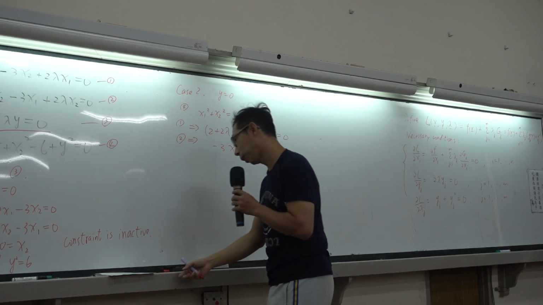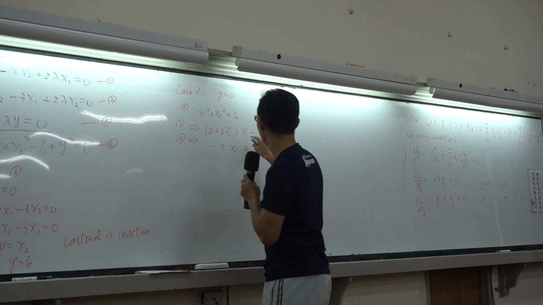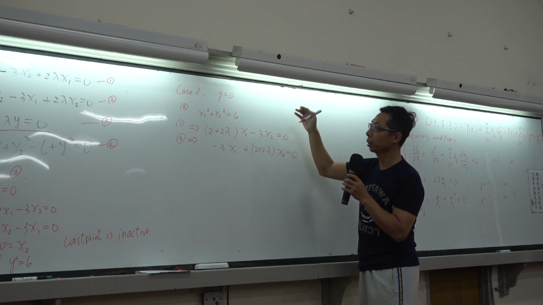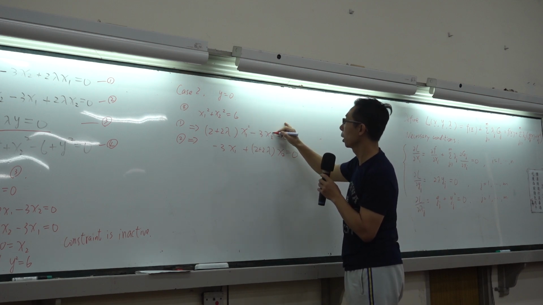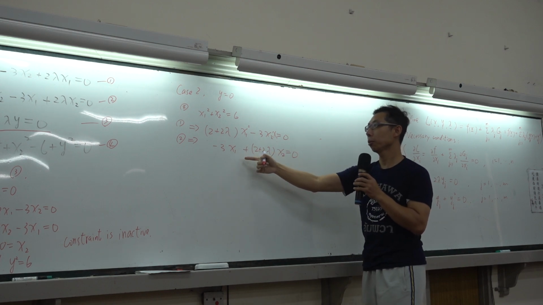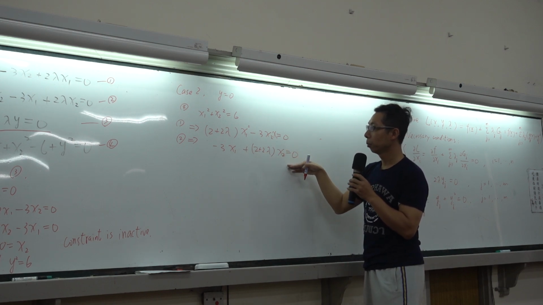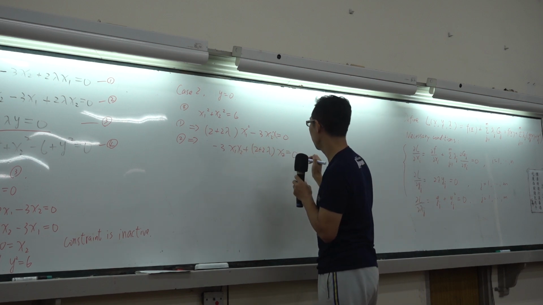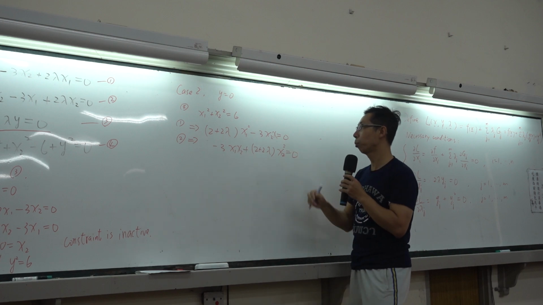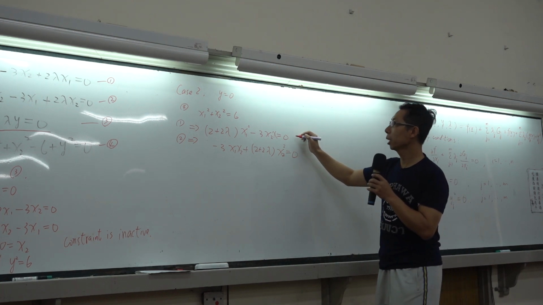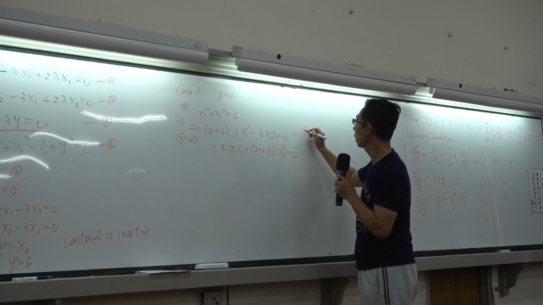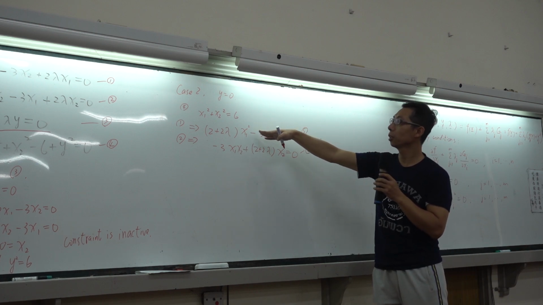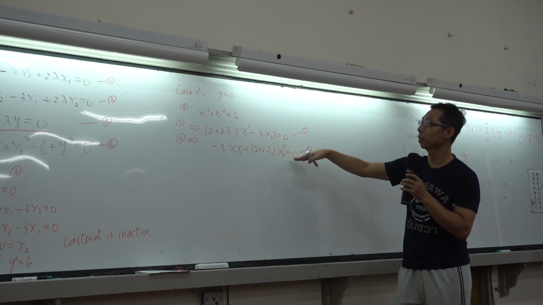So if we multiply both terms by x1, and for this one, multiply both terms by x2, it will be easier for solving the problem. Let's call these equation 5 and equation 6. The upper equation is multiplied by x1, the lower by x2.